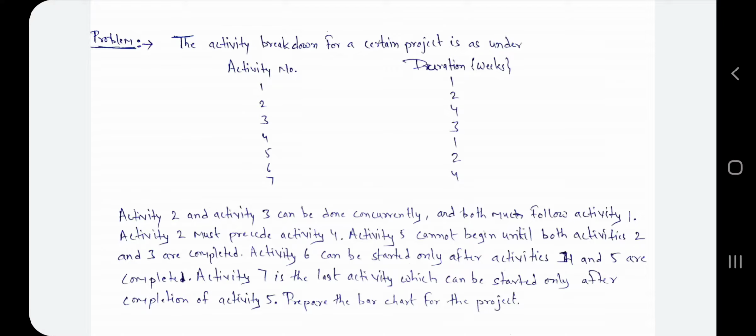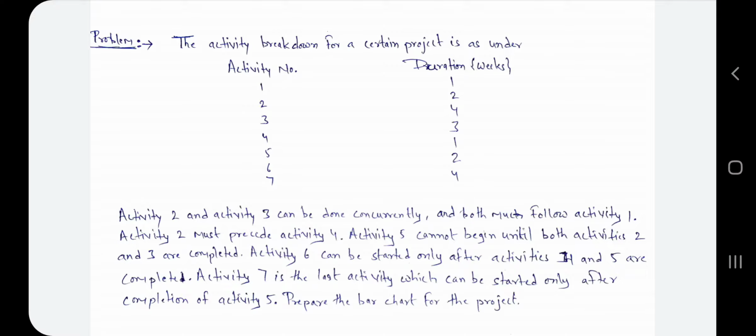So for that, we have been given some sentences describing how to draw these activities. With the help of this given question, we have to prepare a bar chart. Here, activity 2 and 3 can be done concurrently and both must follow activity 1.